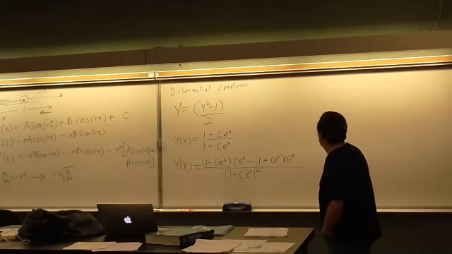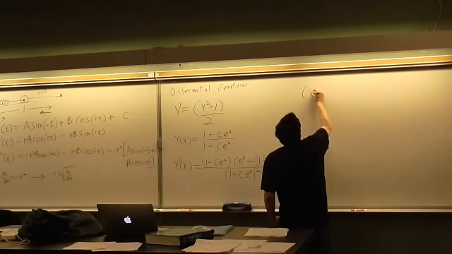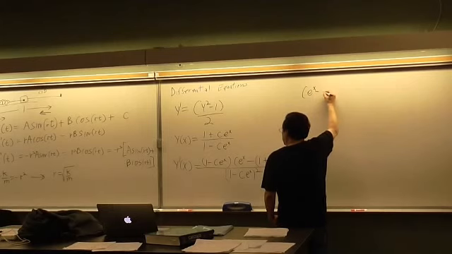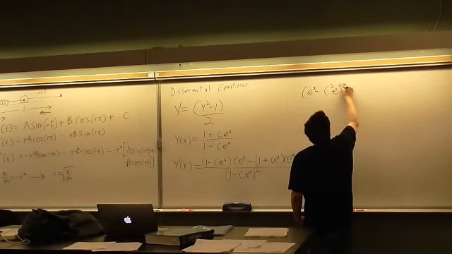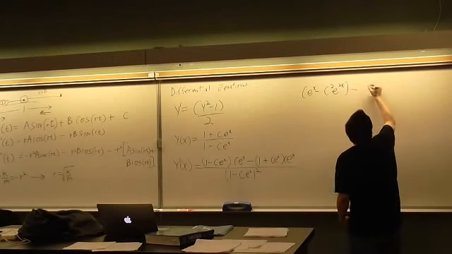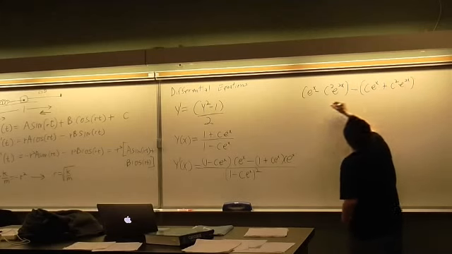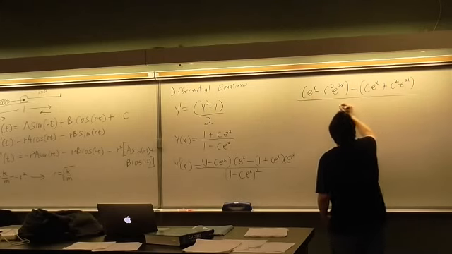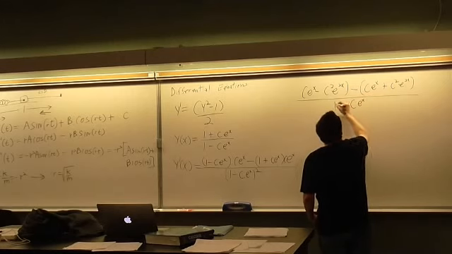Okay, we have to do a little work here. This becomes c e to the x minus c squared e to the 2x minus c e to the x plus c squared e to the 2x over 1 minus c e to the x squared.